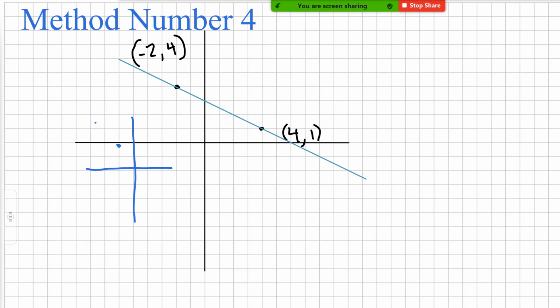Put a dot out here and label it -2, 4, and then put a dot somewhere over here and call it 4, 1. Just draw it, rough hand. It's okay. Draw it in. Now, method number 4 is something that uses kindergarten math. Counting. Method number 4 is counting the rate of change.